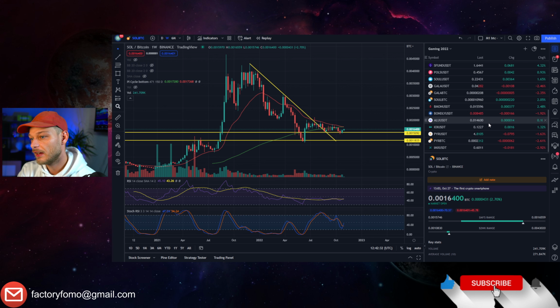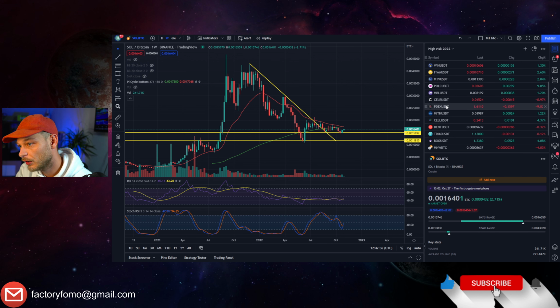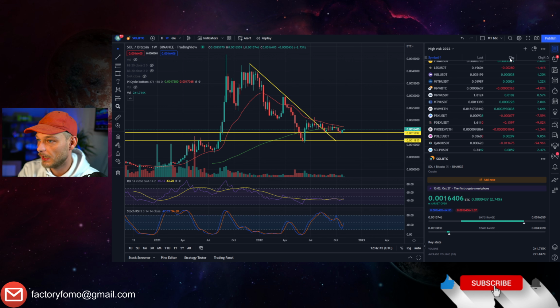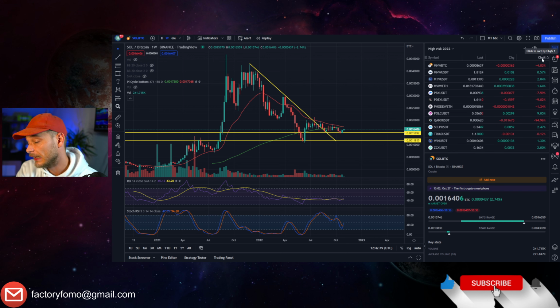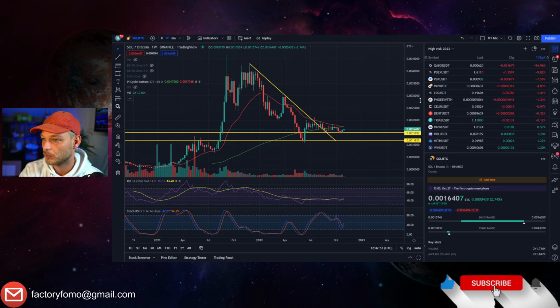Oh, wait, I think I have it right here, by the way. In my high risk portfolio. You can also, by the way, click symbol, and it sorts by symbol, it sorts by change percentages. It's also very handy. Usually if you use CoinGecko as your portfolio or whatever, you have that right there as well.